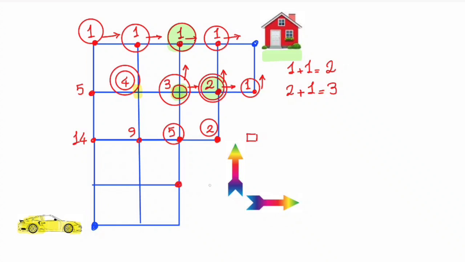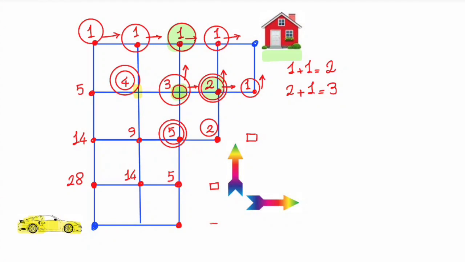And this point, again, we see that there is no number on the right, so the number of different ways is exactly as the one above. Okay, this point is 5 plus 9 equals 14. And this point is 14 plus 14, which is equal to 28.